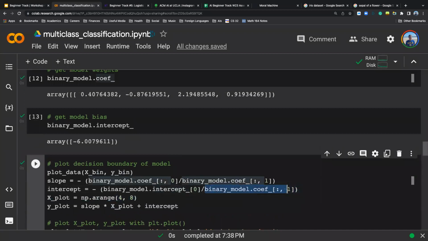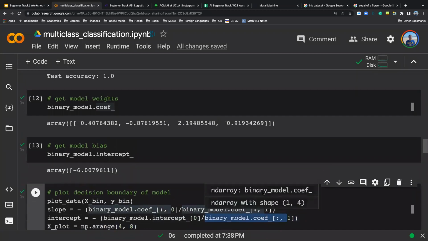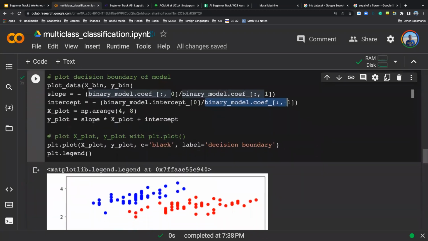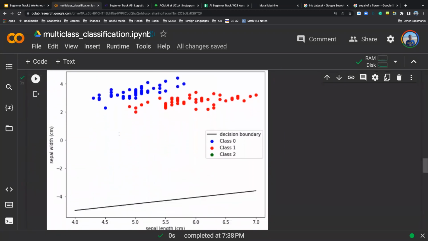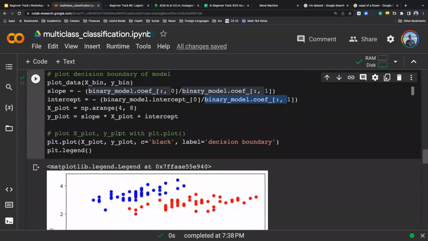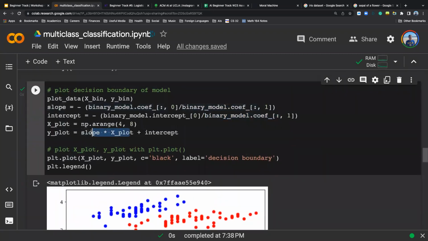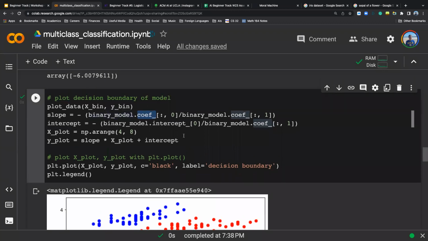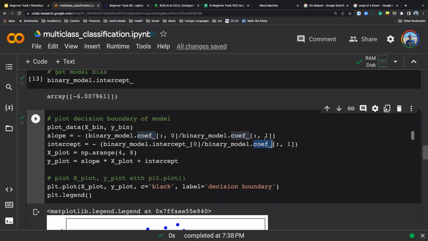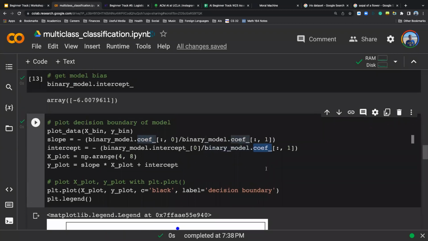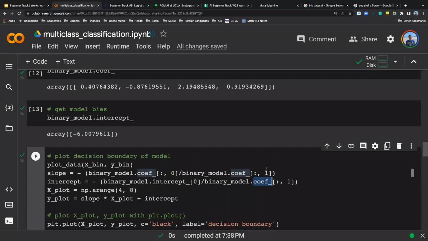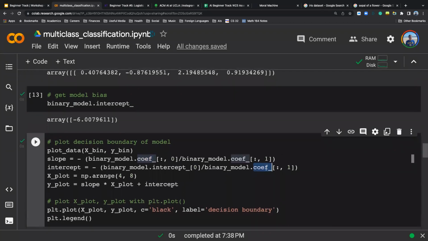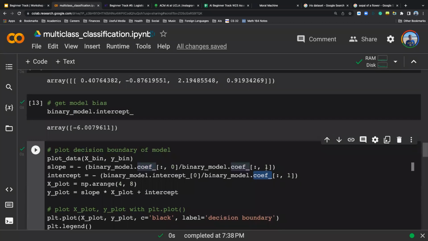That's right. What's the rest of it? This one? Where? This one? Is that what you're saying? I think it could be. Intercept? You can't index the intercept that much though. Yeah.